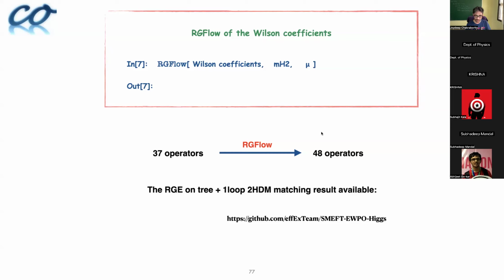All these operators in the bottom-up approach are independent. The anomalous dimension matrix calculation is not top-down, it's actually bottom-up. Before performing the RG, we took the standard model Lagrangian and added all 15 dimension 6 operators.